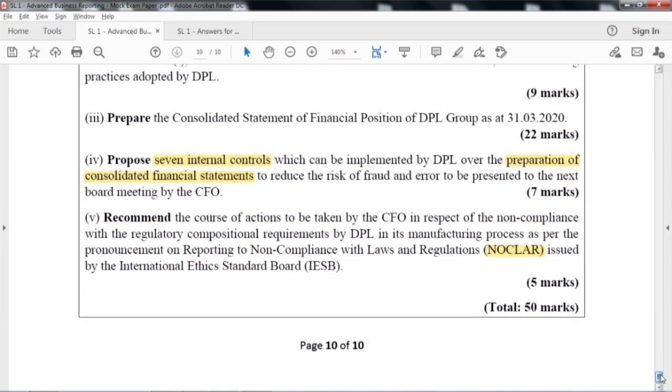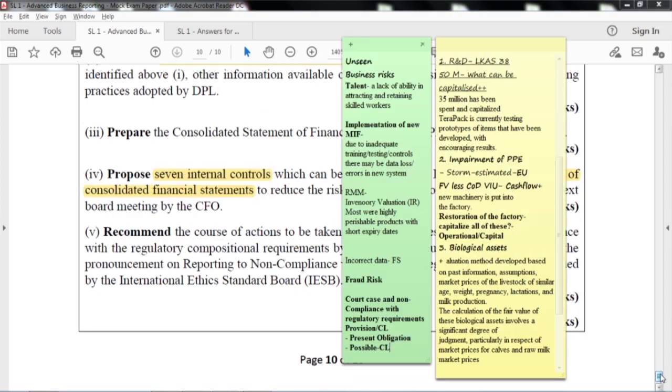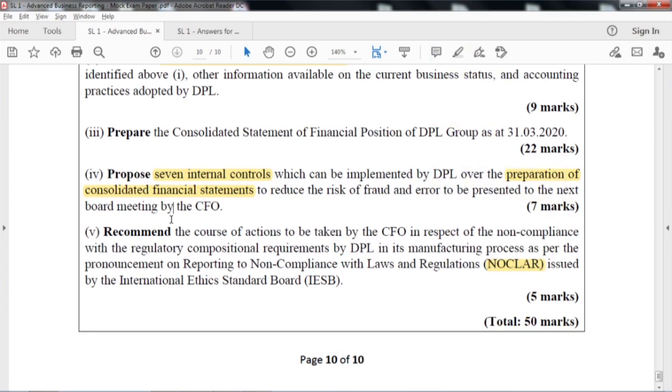That is the last question, non-compliance. So, to write part 5 of the answer, we use NOCLA, and for that we will copy paste this, and then we will accordingly structure that answer there.